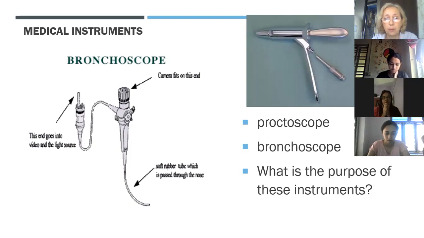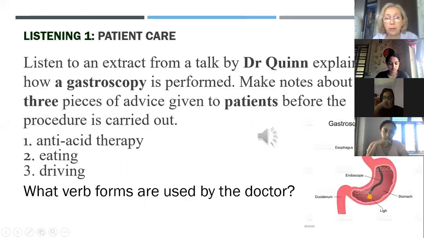It is an instrument that is used to see the inside view of our body. What part of the body? That might be the nose or mouth. Nose or mouth, ma'am. Or the lungs, yes? The lungs, bronchi. Okay, yes, all right.